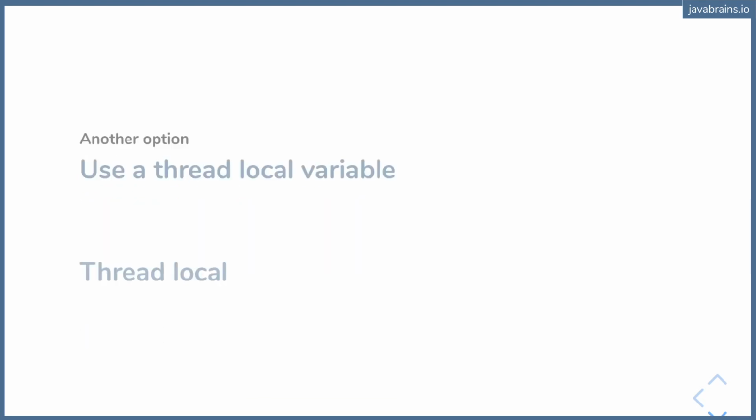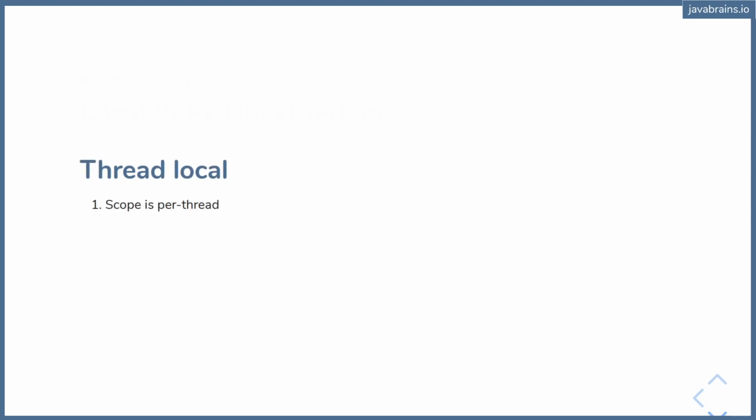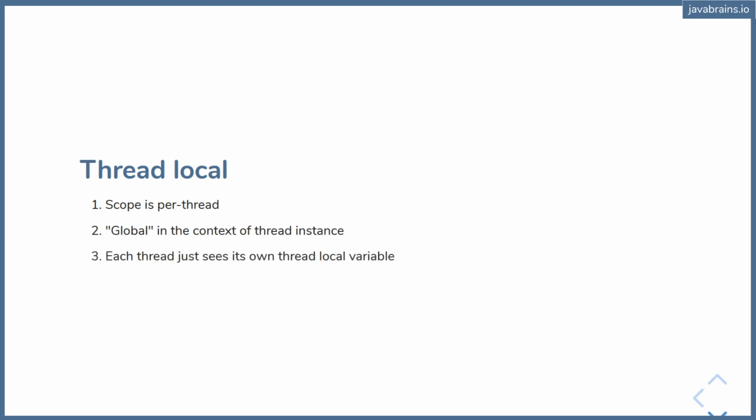This is how it works. A ThreadLocal has per-thread scope, and it is essentially global in the context of a thread instance. Any piece of code that runs in a particular thread has its own copy of that data element, and any piece of code in that thread, when it tries to access it, gets only that. The mechanism for getting and saving data is essentially the same, but each thread sees its own ThreadLocal variable and nothing else.